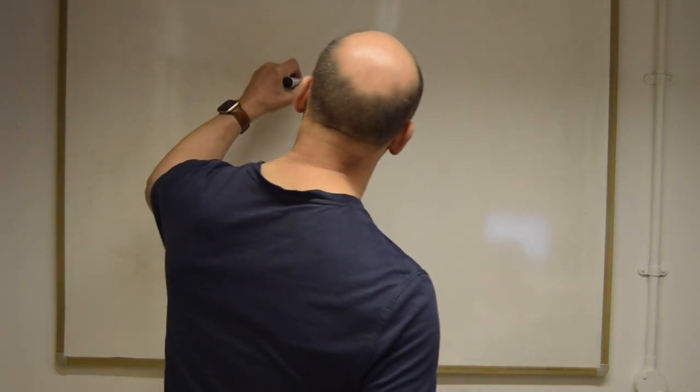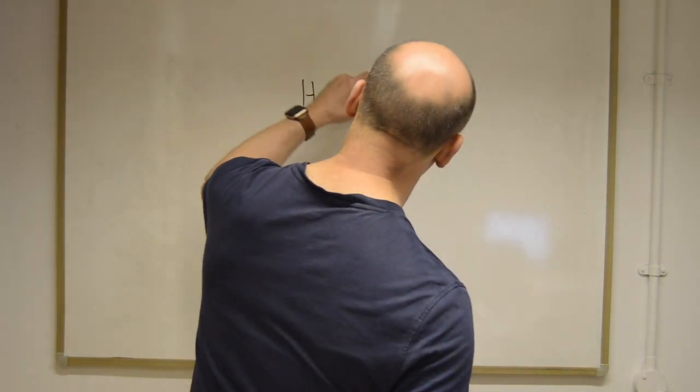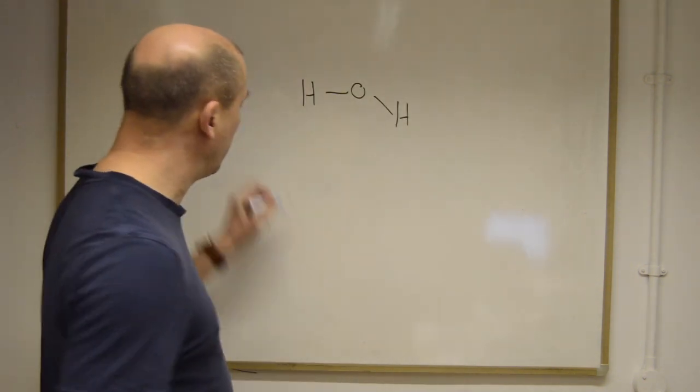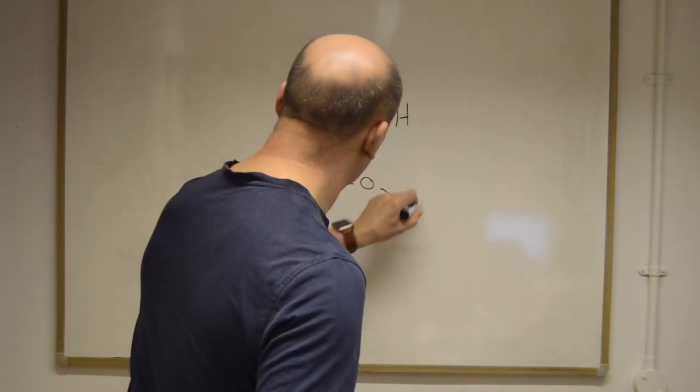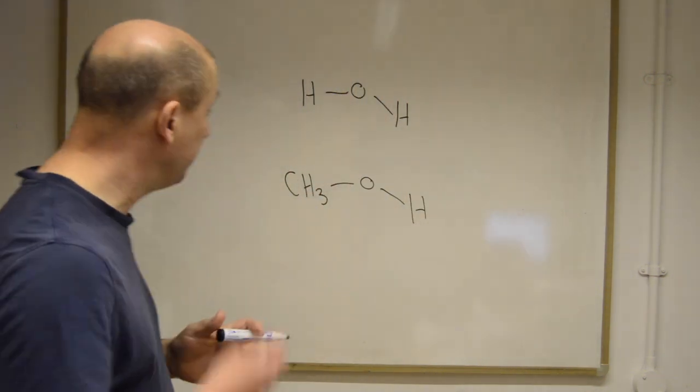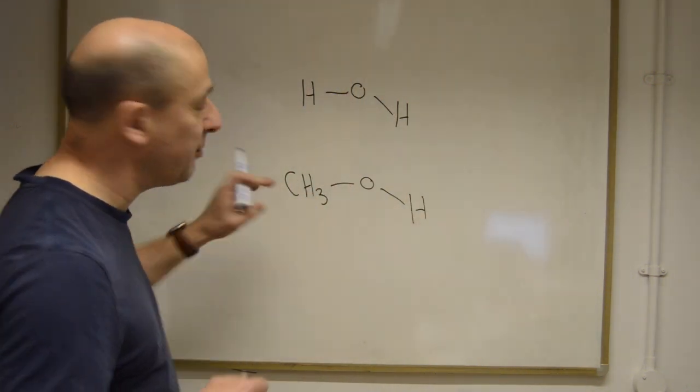The first bit is a little bit of extra detail that isn't directly relevant to the A-level curriculum, but I think it's a good way to set the stage. So let's start with water and methanol. So we've replaced a hydrogen with a methyl group.